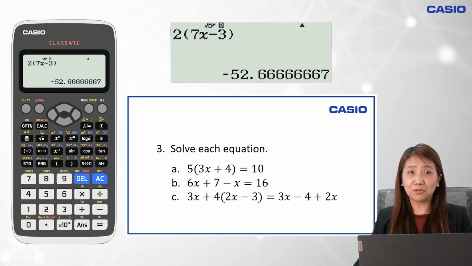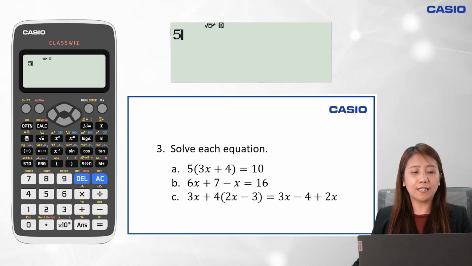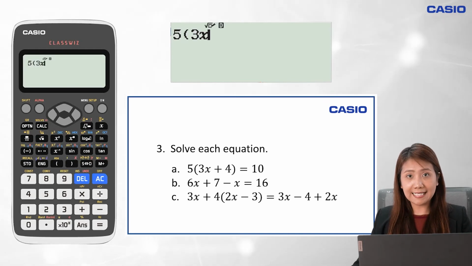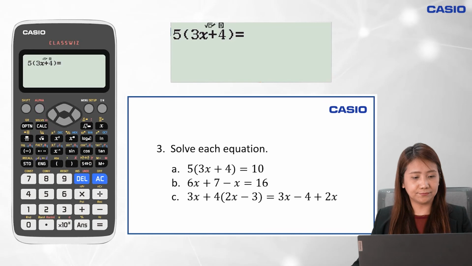Let's have another example. This time, let's solve each equation. To solve for the first equation, we input the first side of the equation by pressing 5, open parenthesis, 3x plus 4, close parenthesis, alpha calc for the equal sign, then input the second side of the equation, which is 10.